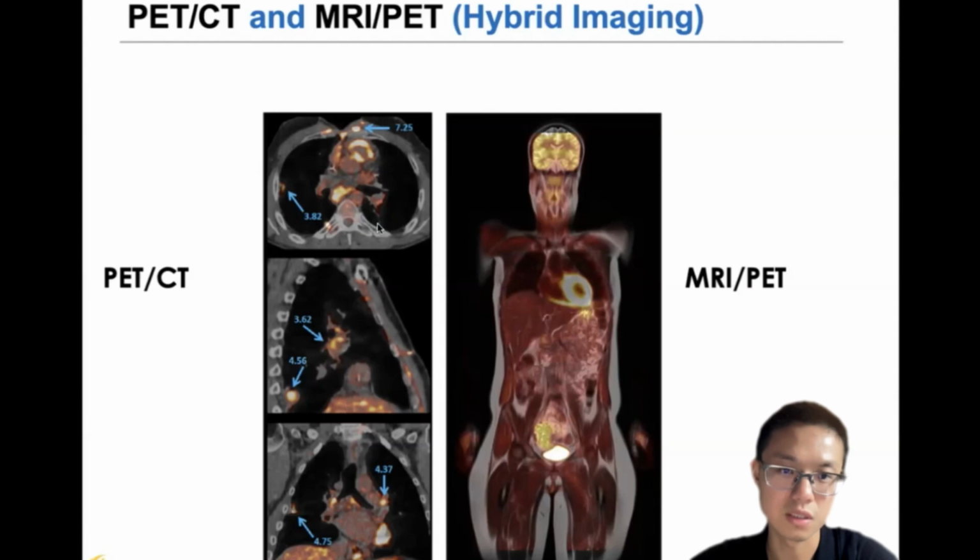With CT, we can clearly show the structure of the body, and with the PET image overlay, we can also see the function, maybe the blood flow, or the metabolism process. And on the right is the hybrid imaging of MRI and PET. Again, we can use these two modalities for better diagnosis.